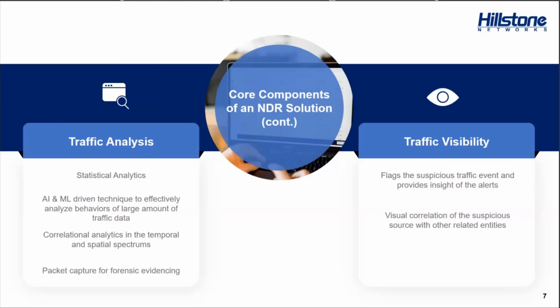And also, if any alerted event or suspicious activity is flagged, they can drill deeper into what's going on for this particular event. So traffic visibility is very important to help security admins effectively conduct traffic analysis.